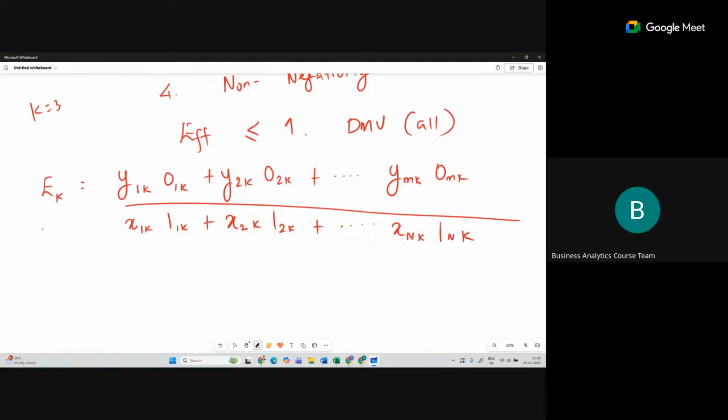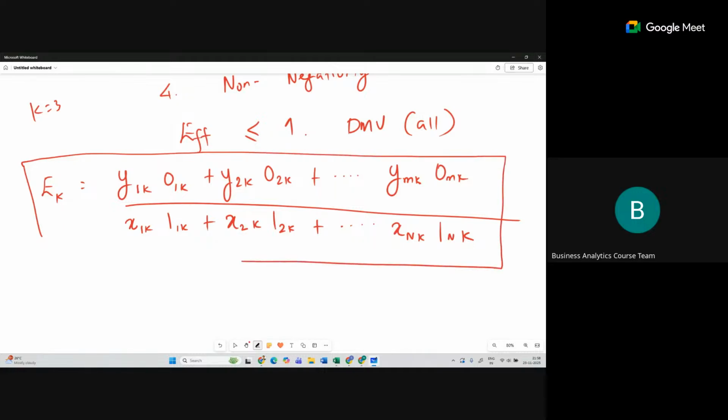So can you solve a linear programming for this particular objective function? Can you maximize Ek? Will this be a linear programming problem? What is linear? Is this linear? This is not linear. This is a ratio. You have a numerator, you have a denominator.